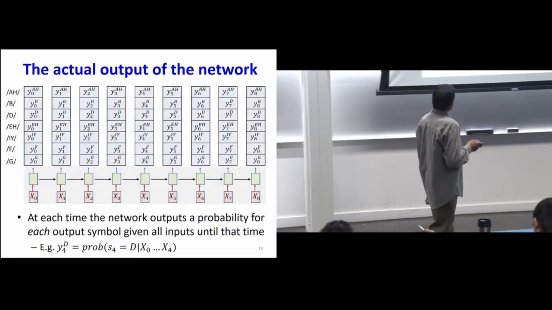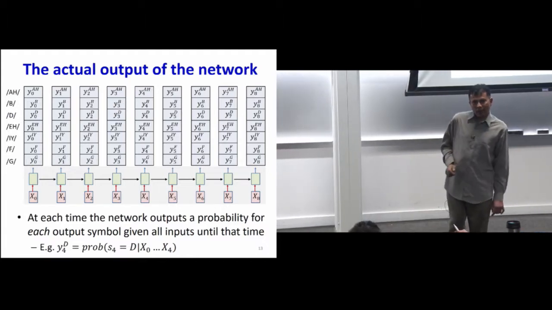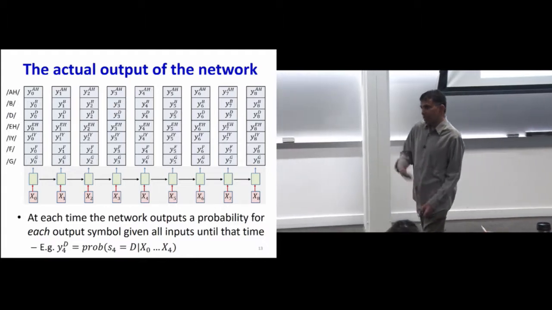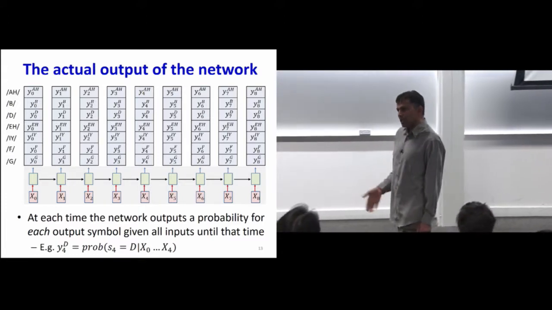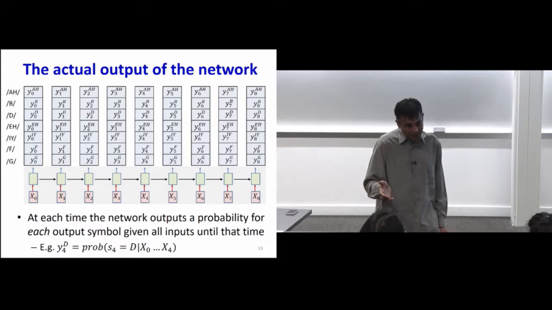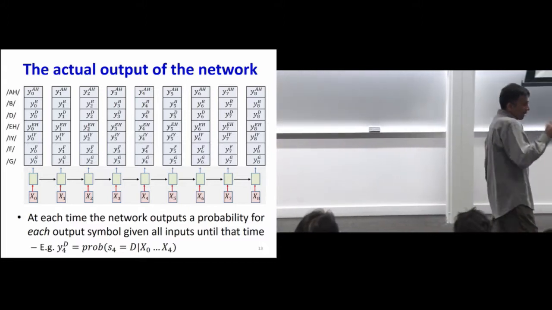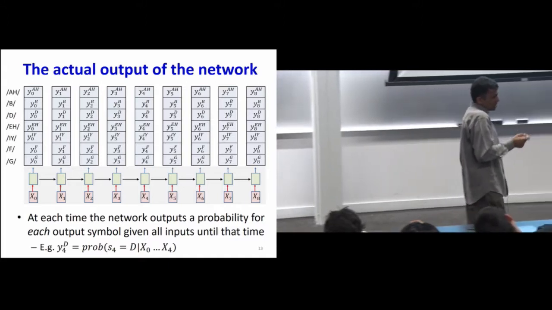So to understand this, let's go back and look at what the network actually produces. Now, if you have a recurrent network, and if this is really some kind of a classification task, the output layer is typically a softmax, which means that it's actually producing a probability for every symbol at each time.